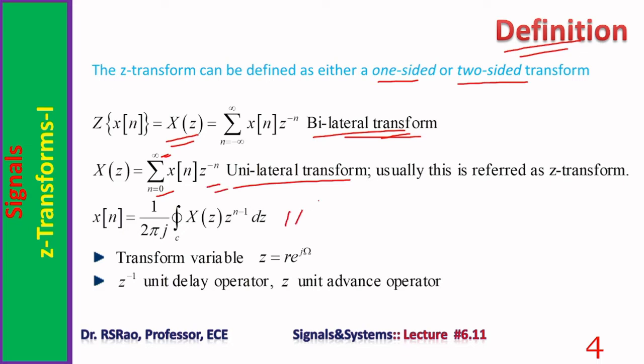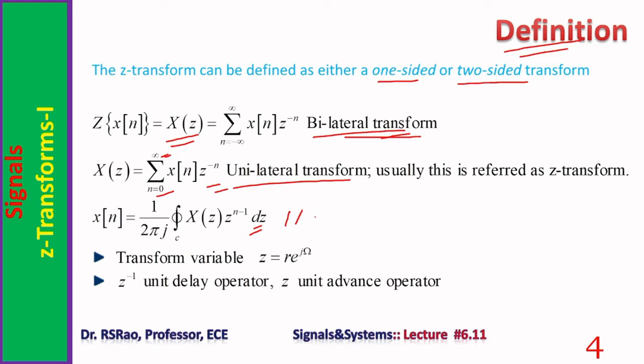The inverse transform is one that gives the sequence from the Z transform. x of n is equal to 1 by 2 pi j, closed line integration over C of X of z z power n minus 1 dz.